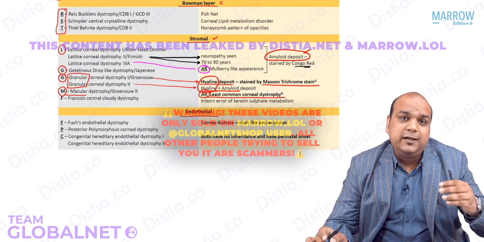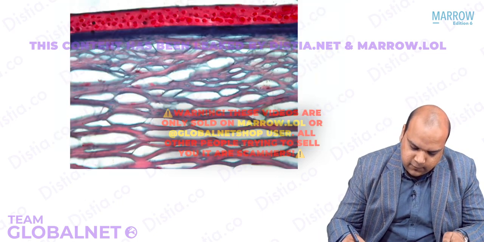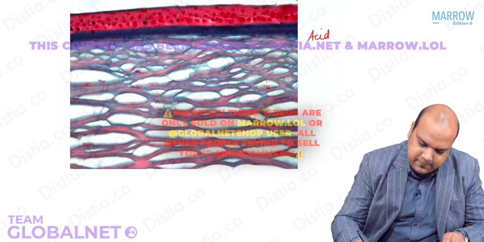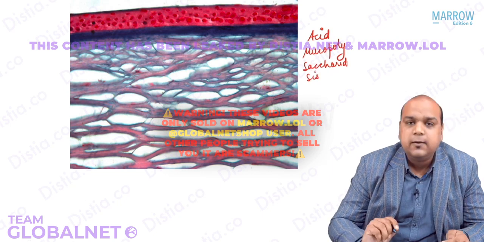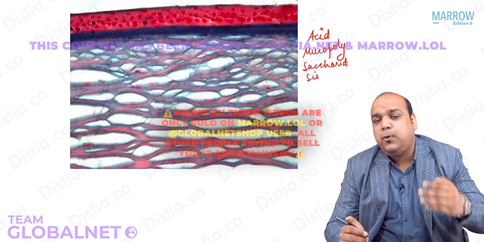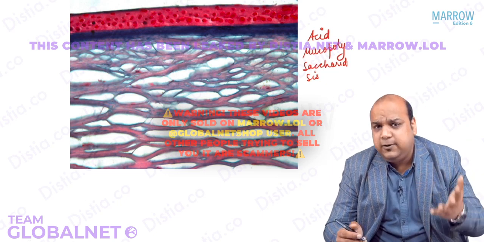Now, what gets deposited in macular corneal dystrophy? So, in macular corneal dystrophy, what is deposited is acid mucopolysaccharides. Okay. So acid mucopolysaccharides are getting deposited. So this is a form of acid mucopolysaccharidosis.